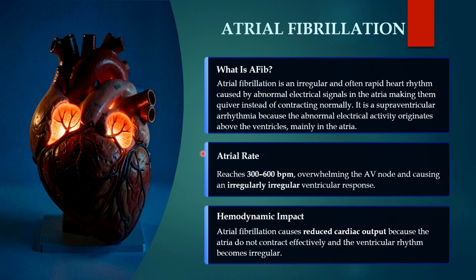The atrial rate reaches 300 to 600 beats per minute, overwhelming the AV node and causing an irregular ventricular response. Atrial fibrillation causes reduced cardiac output because the atria do not contract effectively and the ventricular rhythm becomes irregular.